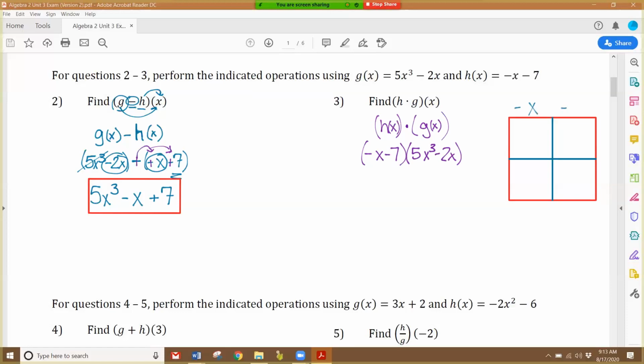So negative x minus 7 needs to go either on the top or the side, and then 5x to the third minus 2x. Multiply corresponding parts. In my top left box, I have negative x times 5x to the third, which is negative 5x to the fourth.